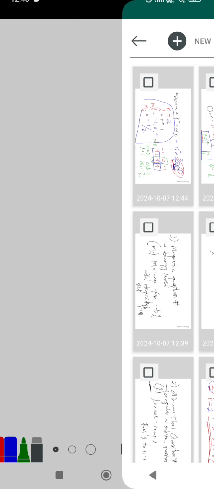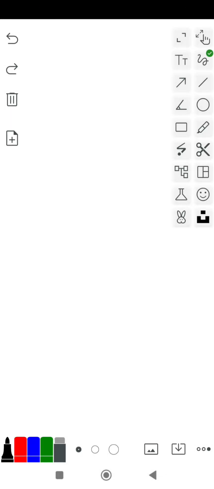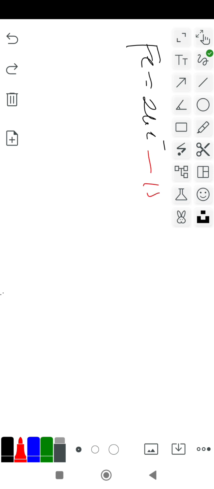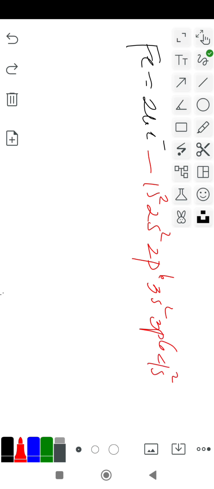Let's have another example. Let's have iron. Iron has 26 electrons. So let's have the electronic configuration: 1s2, 2s2, 2p6, 3s2, 3p6, 4s2, 3d6.